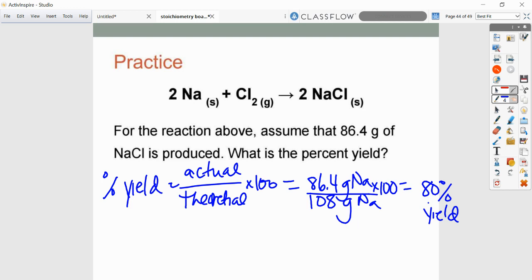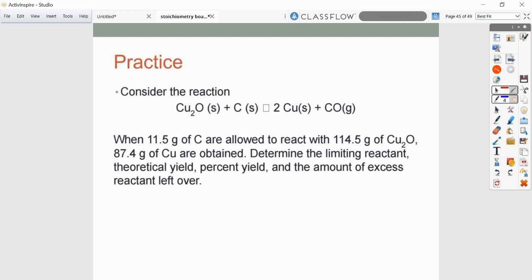All right, so I do have several more examples for you, and we are going to take a look at copper. This one is similar to how we did the reaction with sodium. We want to figure out theoretical yield, percent yield, and the amount of excess reactant left over.